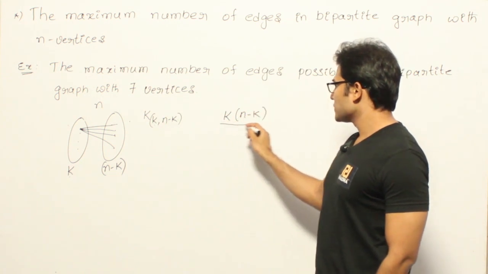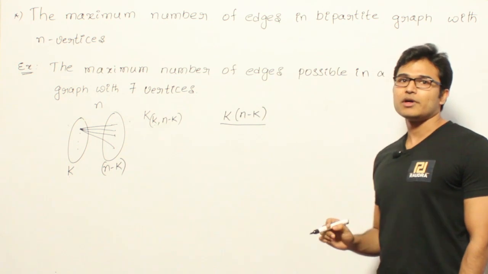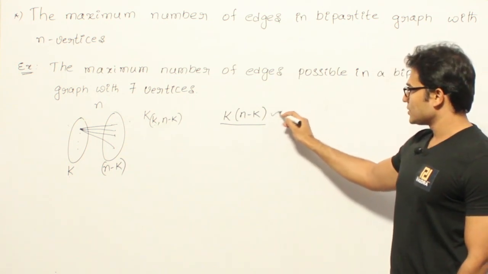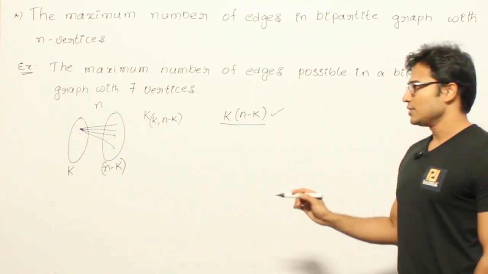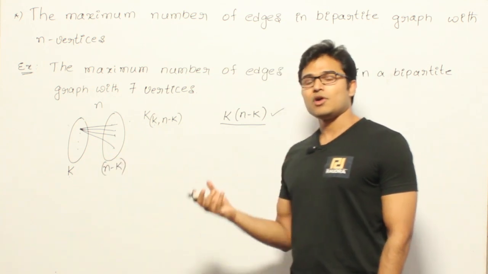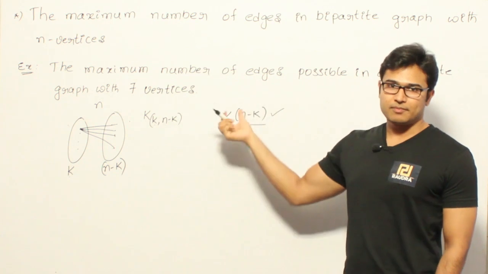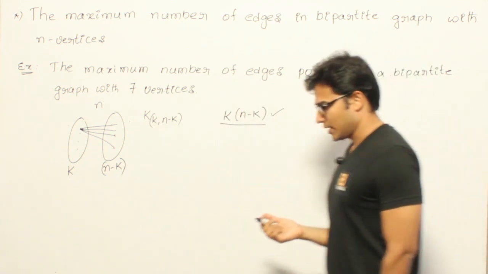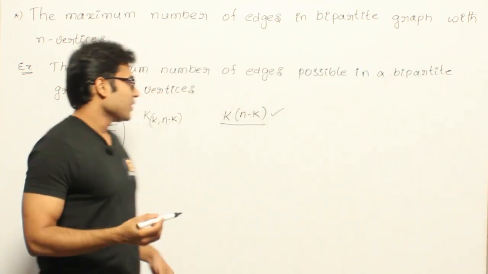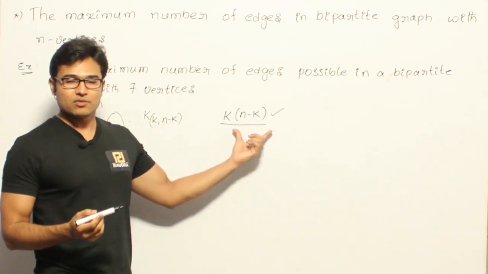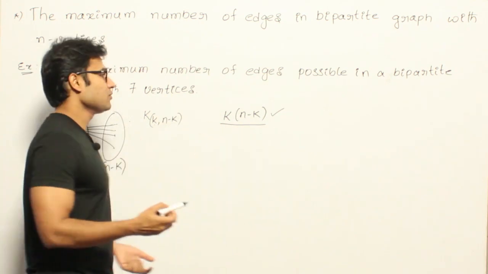Now we want to maximize this value. Got it? So this is the total number of edges which are possible in this particular bipartite graph. Now we want to find out at what value of k this value will be maximum, right? So according to the concept of maxima and minima, you know that whenever I have any such expression, if I have to find out the maximum value, you have to see two things.